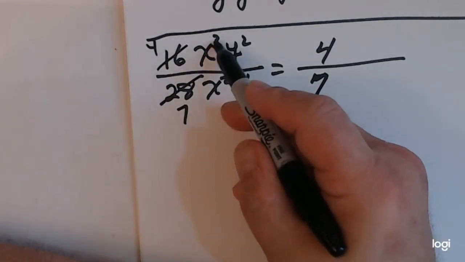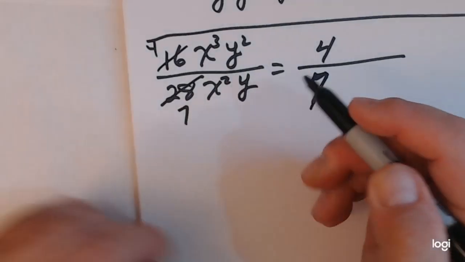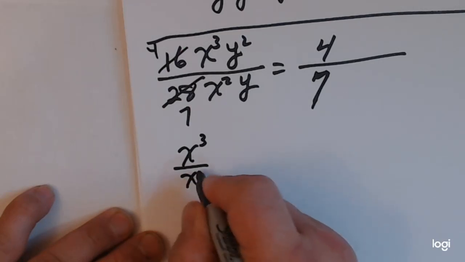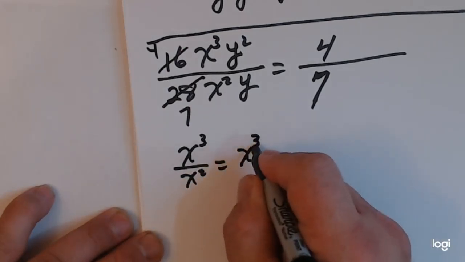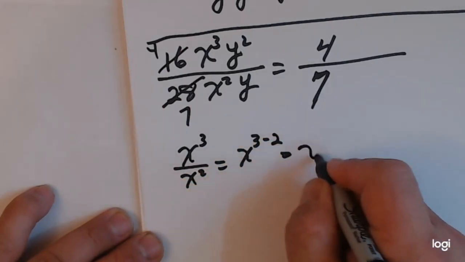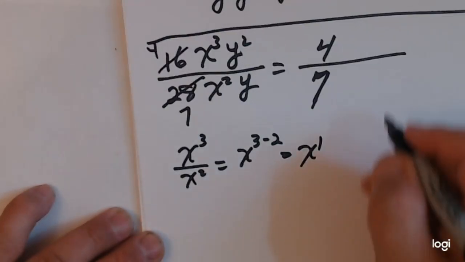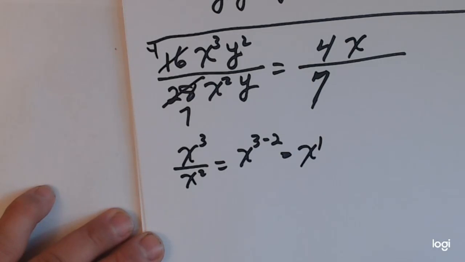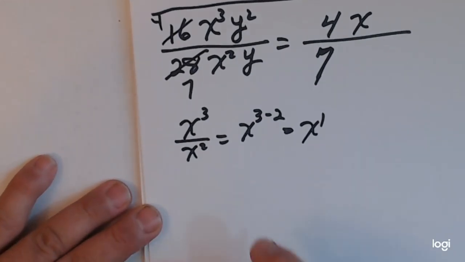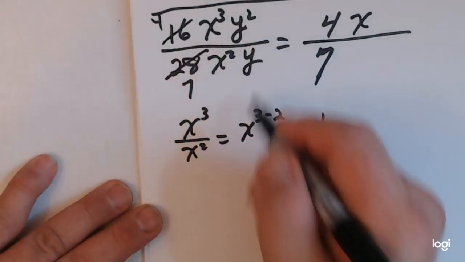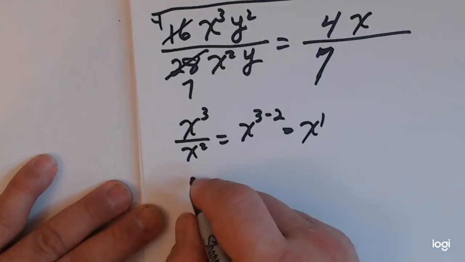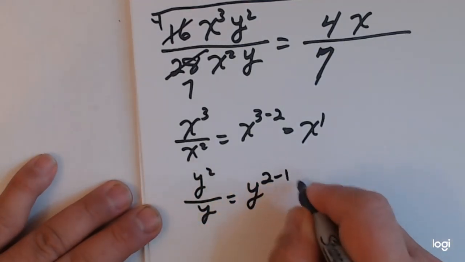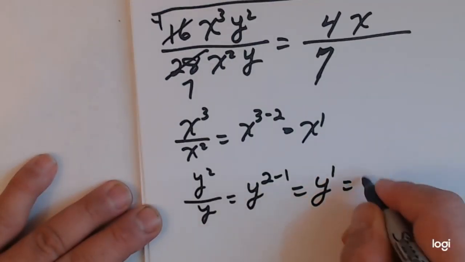Now we have x cubed over x squared. And remember, x cubed over x squared is x to the 3 minus 2, which is x to the 1. So we wind up with an x here. And then we have y squared over y over here. And y squared over y is y to the 2 minus 1, which is y to the 1, which is y.